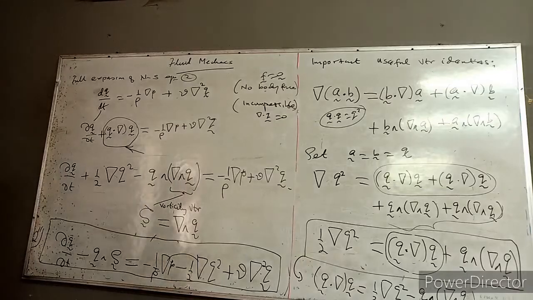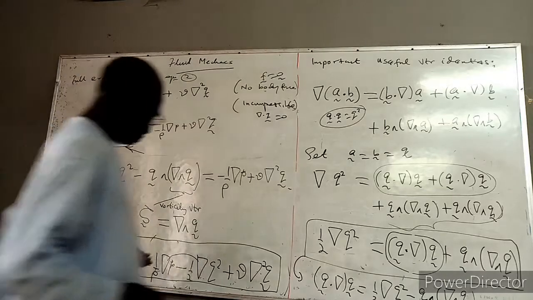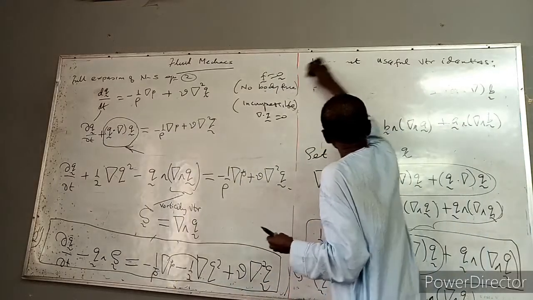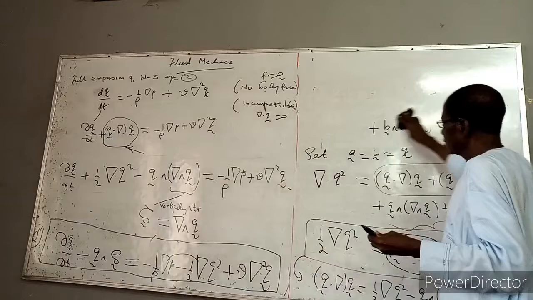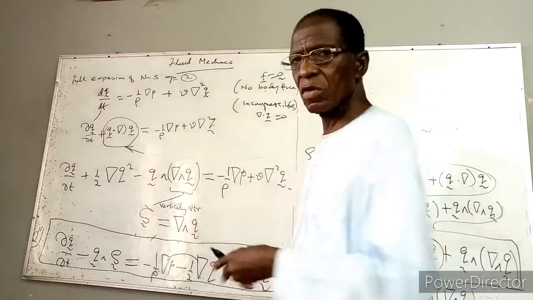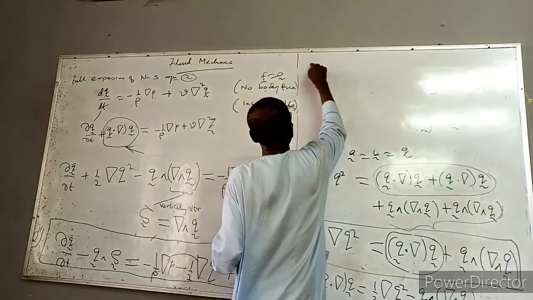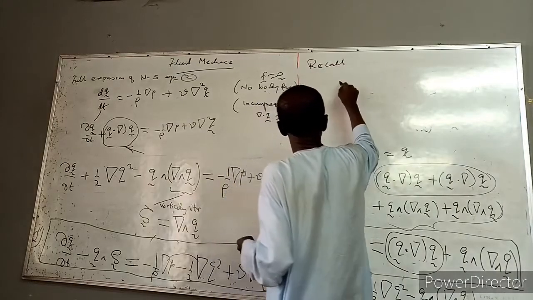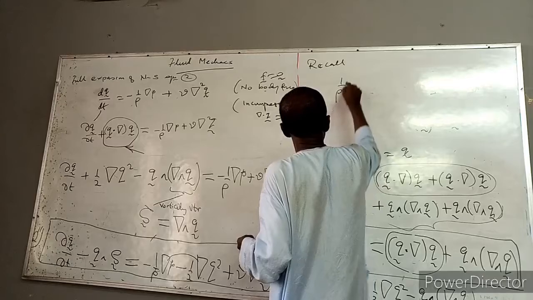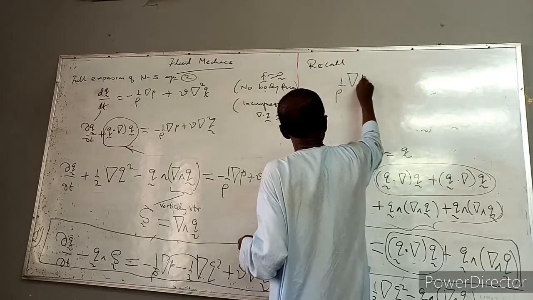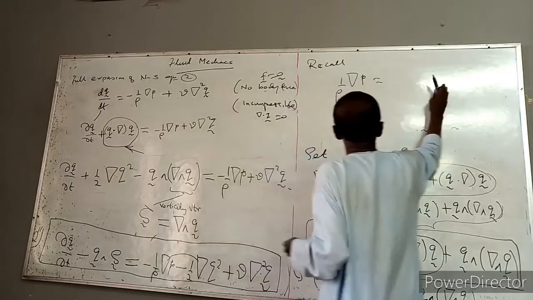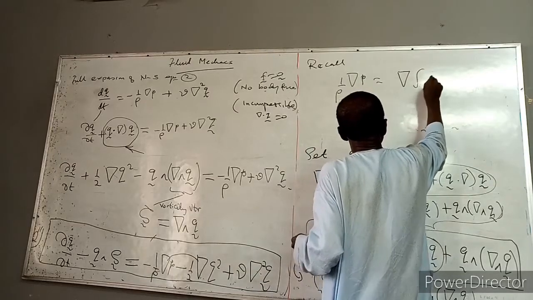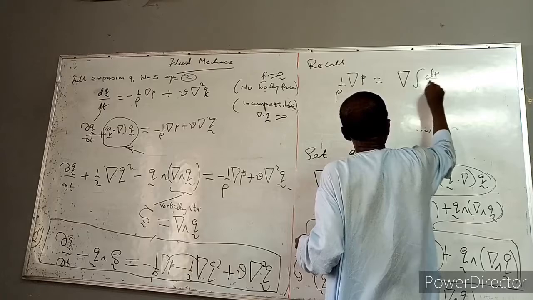Also, we have done it before. Recall that 1 over rho grad P is the same thing as dP over rho.